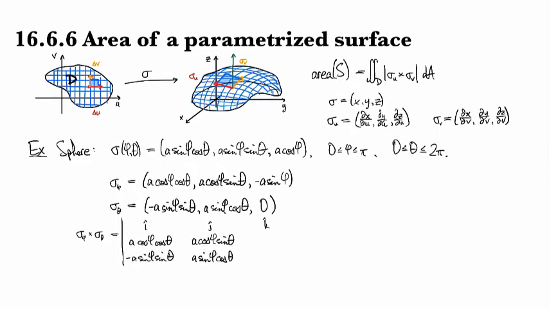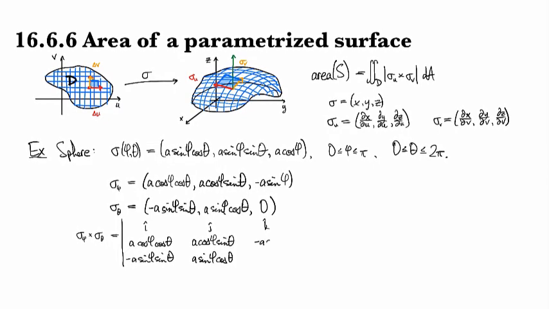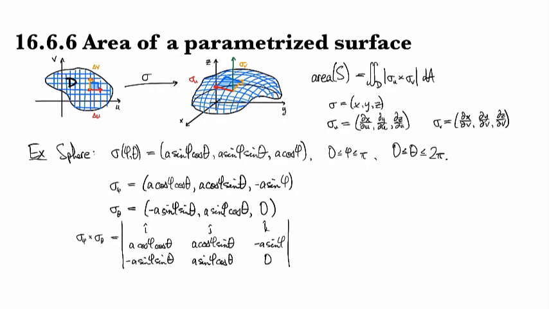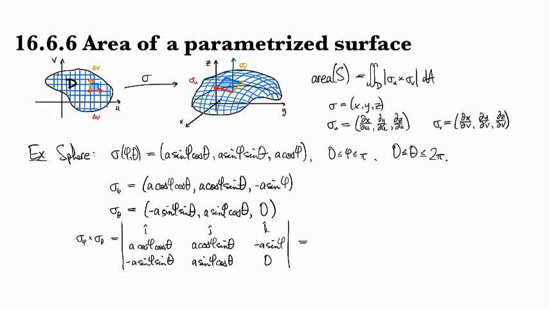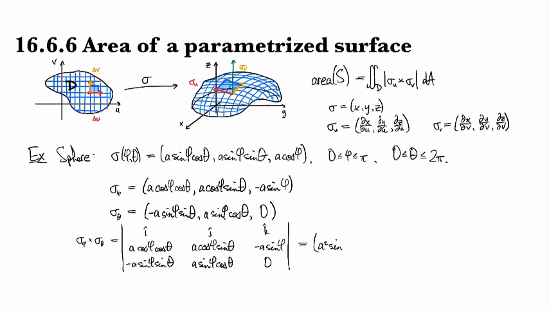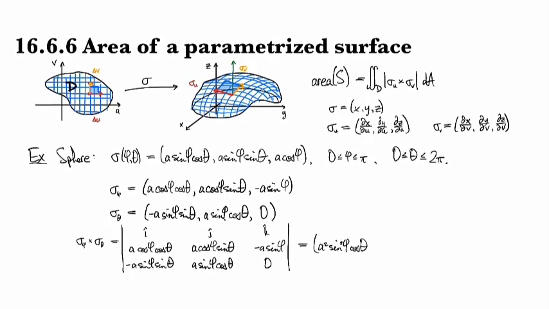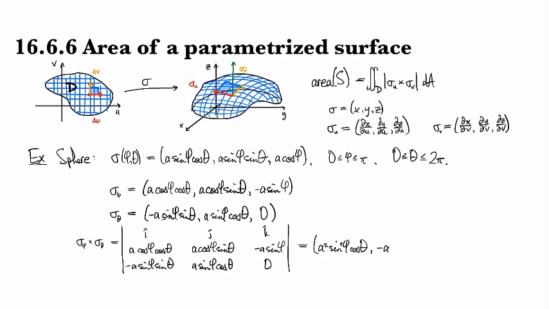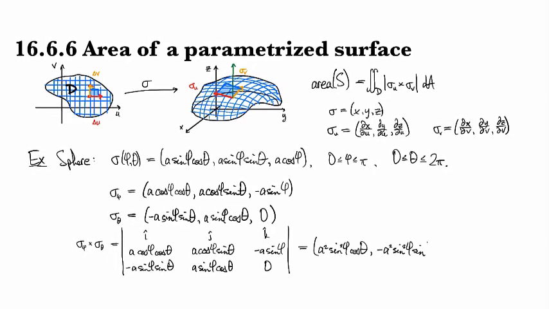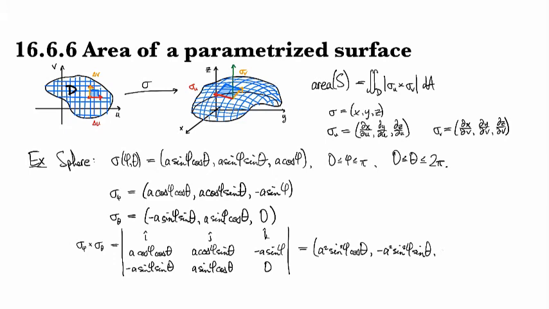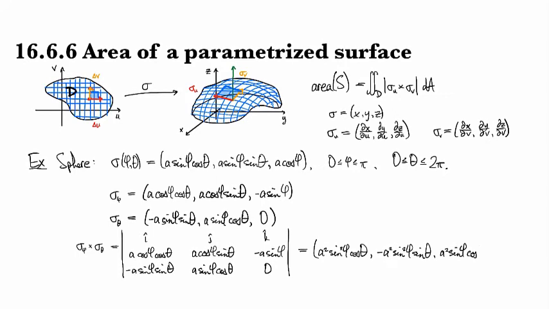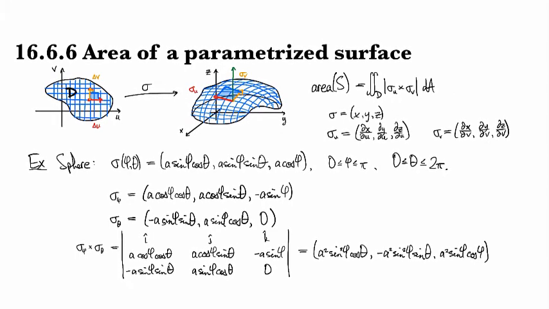And then for k hat we have minus A sine phi and 0. When I do this cross product, I'll save you the tedium and just write out the answer. We've got A squared sine squared phi cosine theta in the first coordinate, and then minus A squared sine squared phi sine theta in the second, and then A squared sine phi cosine phi in the last one.